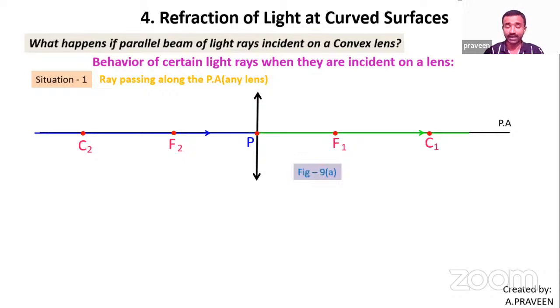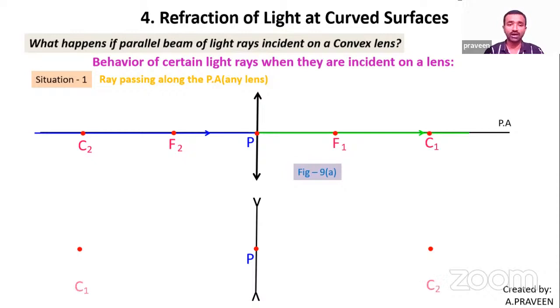Then what happens if you send that light ray along the principal axis on a double concave lens? Now we'll go for a double concave lens. Symbolically, the double concave lens is represented on the screen. Same process: identify its pole. Then identify the centers of curvature, C1 and C2.